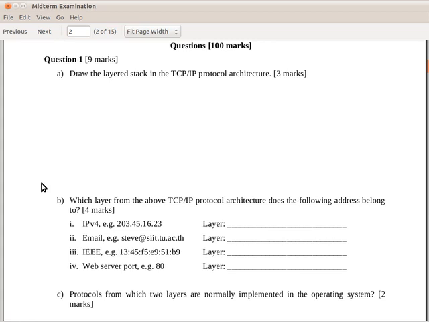A hardware address. Data link. Data link, physical would also be acceptable because sometimes we call them a physical address. So this one, my email address. Application, okay. Web server port.